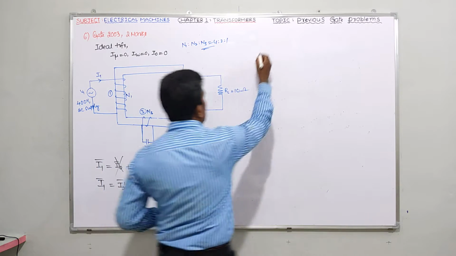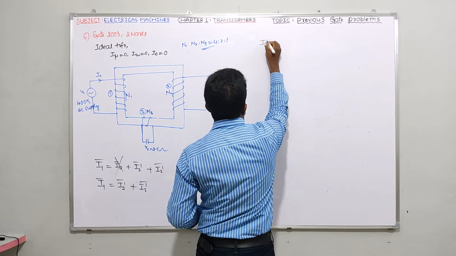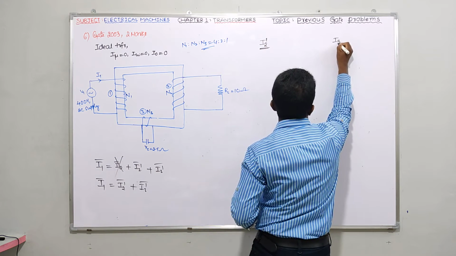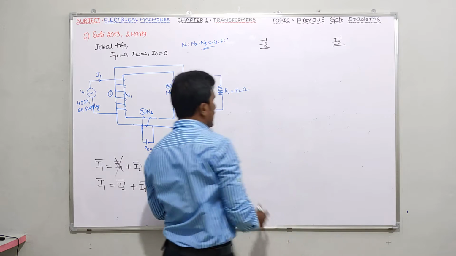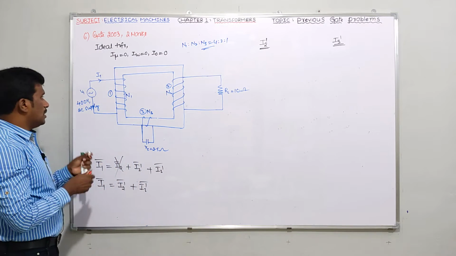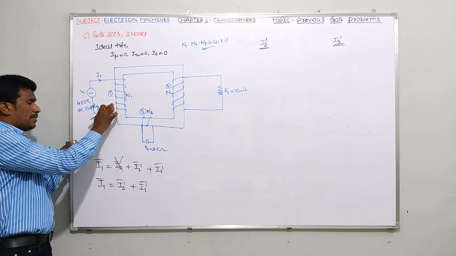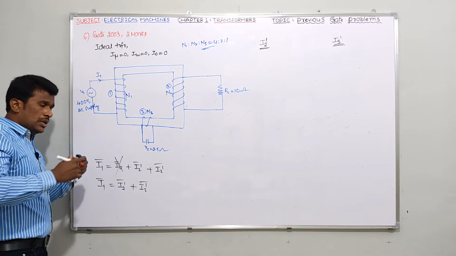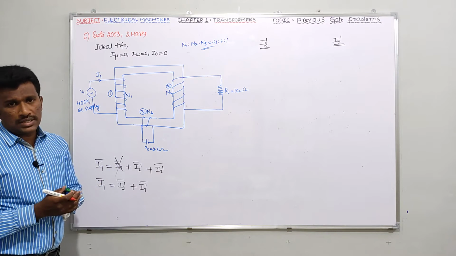Let us see how you have to find I2 dash and I3 dash. Before that, though he has not given nomenclature for the primary winding EMF, secondary winding EMF, tertiary winding EMF, let us indicate some nomenclature, nothing wrong in that.